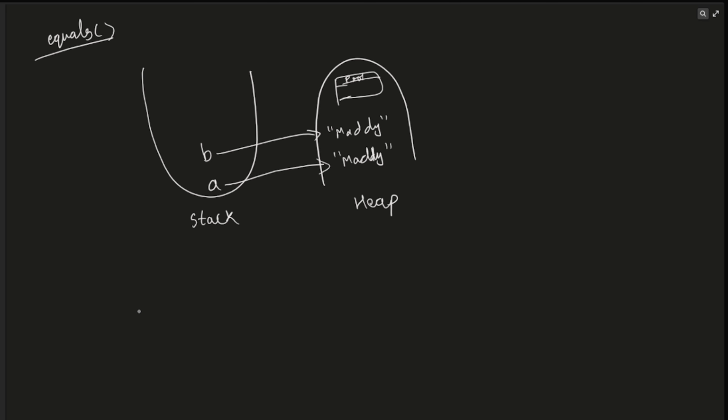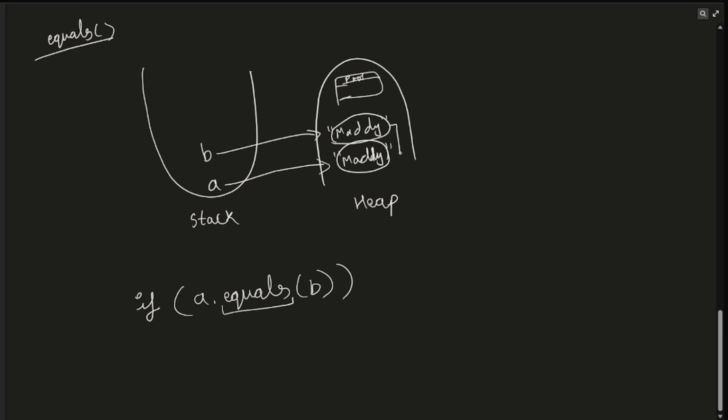Now, whenever you add an if condition checking whether A is equal to B or not, but this time we are using the built-in equals method to check whether A and B are equal or not. In Java, it will compare whether the object values are the same or not. In this case, both the object values are the same, so the output of this if condition will be true.